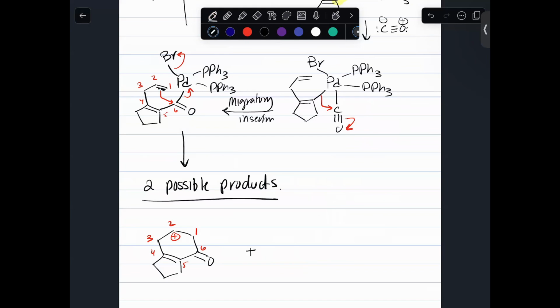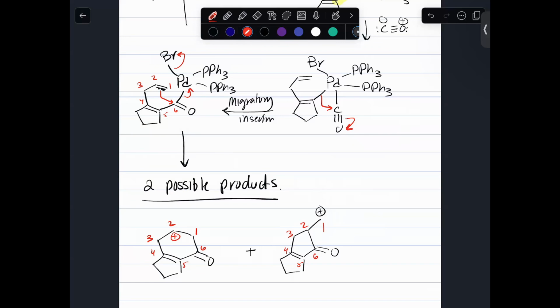Or if carbon 2, sorry, is what attacks carbon 6, then carbon 1 has the positive charge. And now it's become a substituent, and I have formed a 5-membered ring.